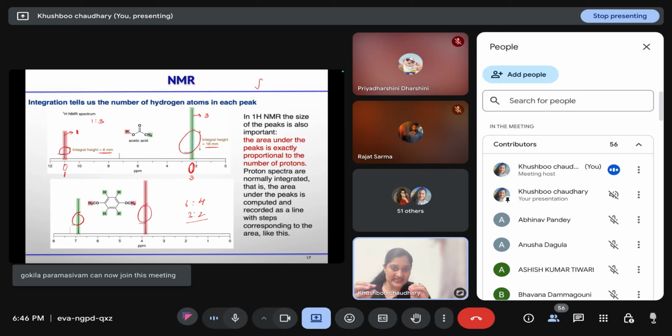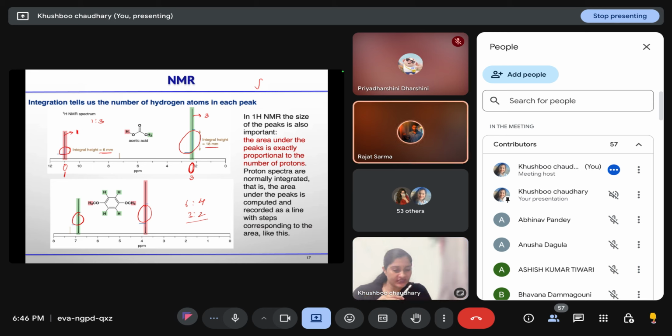So by seeing that number, you will get the ratio. Okay, ma'am. Yes, you will learn this when you actually do the spectra. For now, just understand that whenever you are doing any spectra, the peak height in the proton spectrum gives you the area under the peak, which gives you the number of protons for that peak.